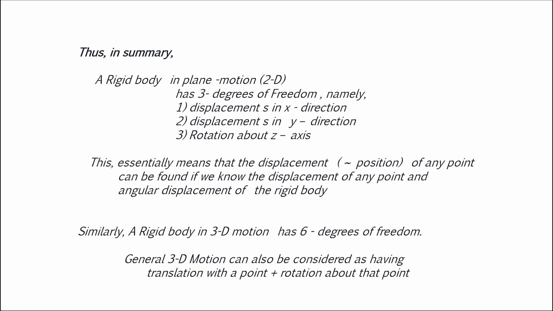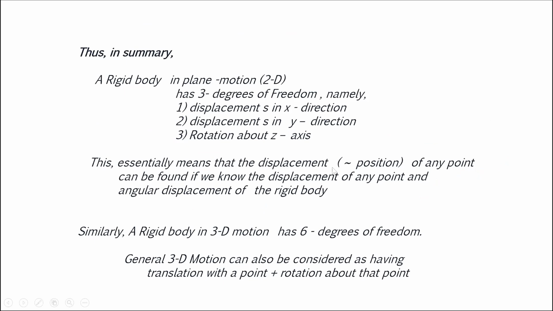So that way you can now appreciate that a body in 2D plane motion has 3 degrees of freedom. If you give the displacements of a point in X and Y direction and the rotation of any line, in fact any line will have the same rotation, then you can determine the new position of any point.